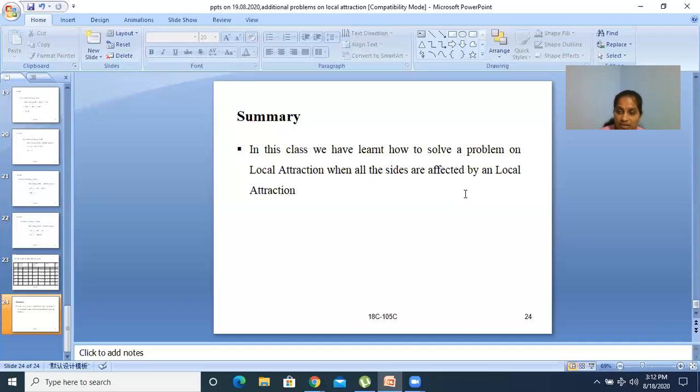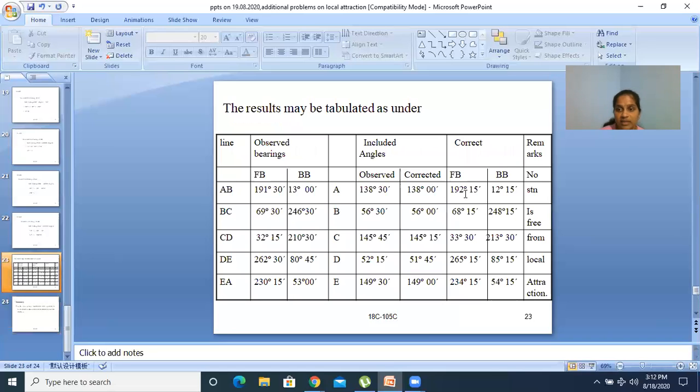For this, you have to identify which line has the least error, take that one, and add it to the fore bearings and back bearings, and then apply the corrections to each and every station. After that you can tabulate the values like this. Is it okay? Very easy.